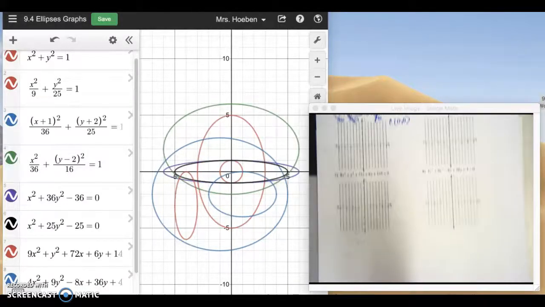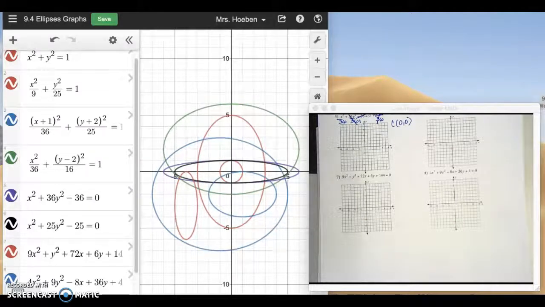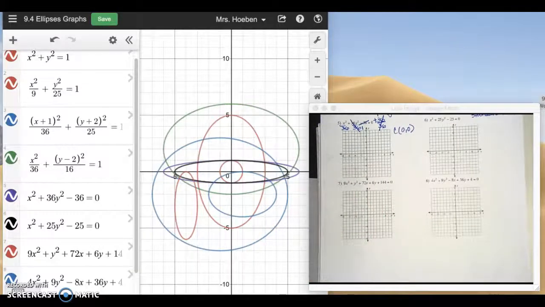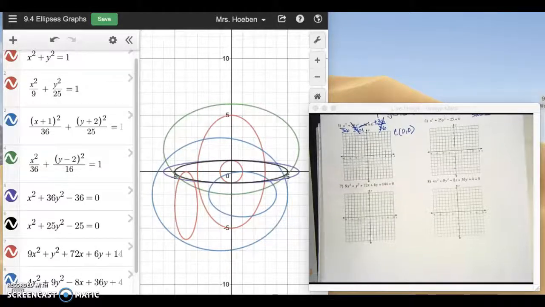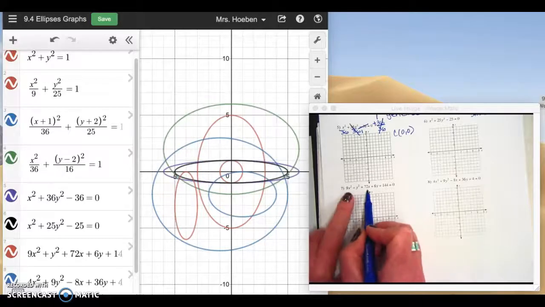The harder ones are 7 and 8, okay? So 7 and 8, let's take these. Notice we've got now quite a bit going on. So we're going to do a partial complete the square with these, and you'll see how to get them into standard form. So for number 7, we're going to group the x terms together. Remember we did this last week?